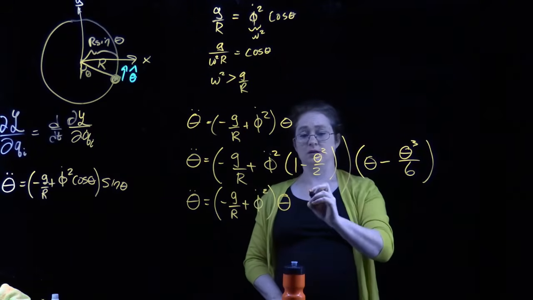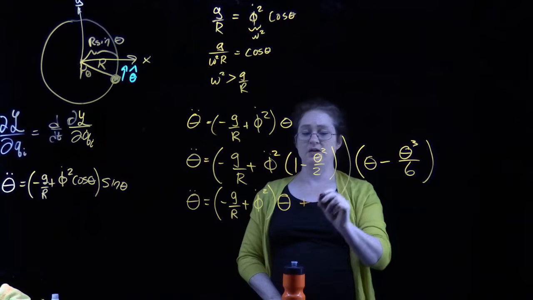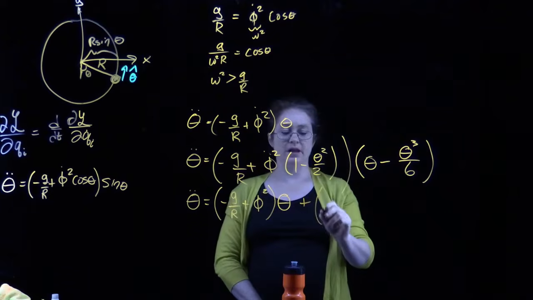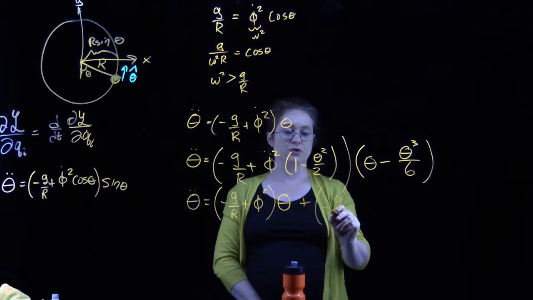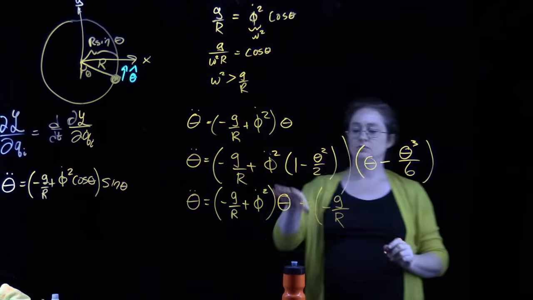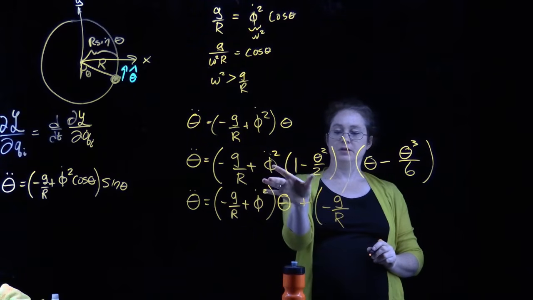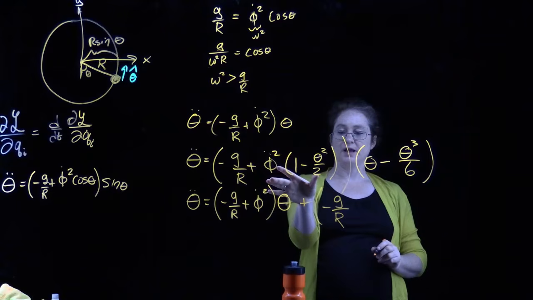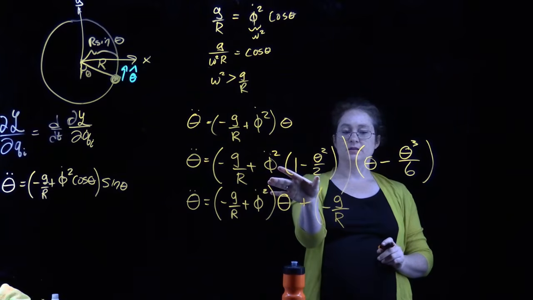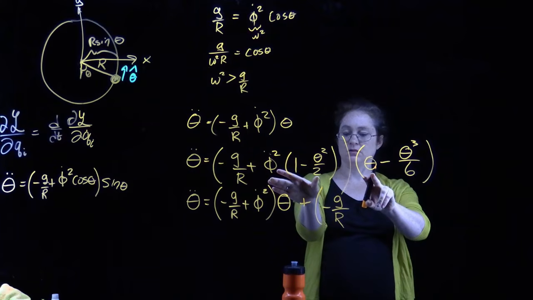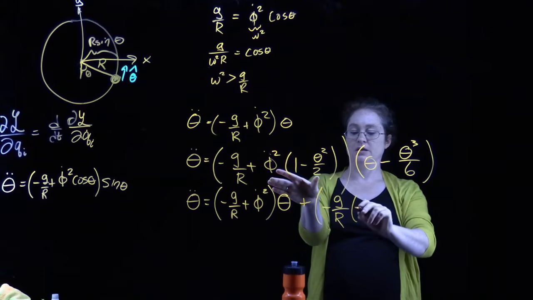So then we have negative g over r, and the next lowest term we have is this times that.